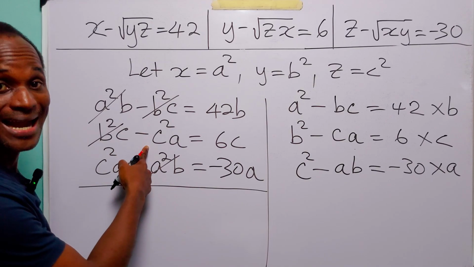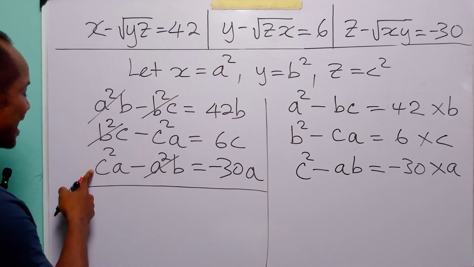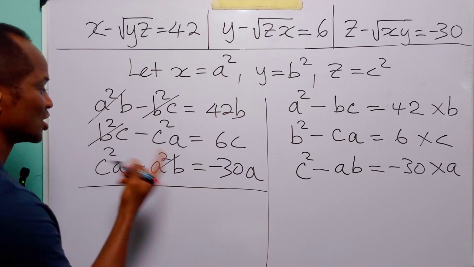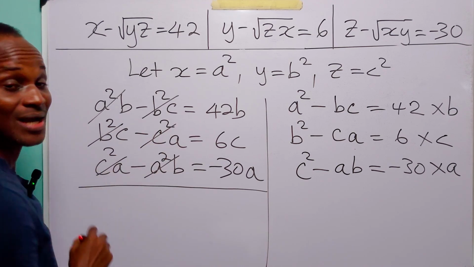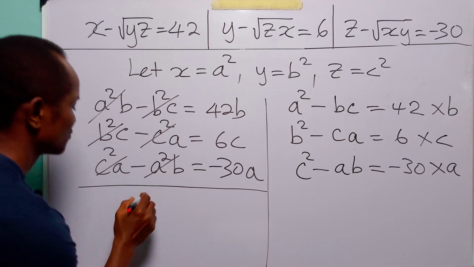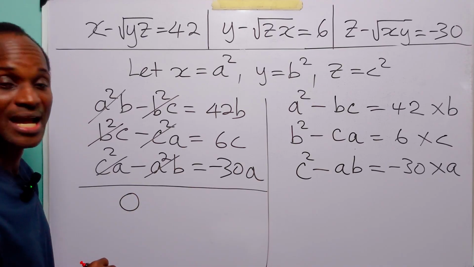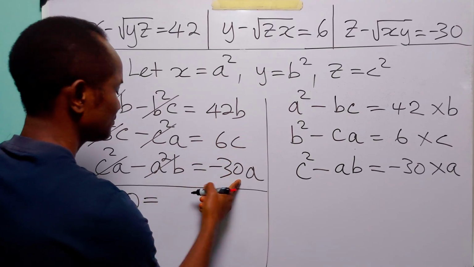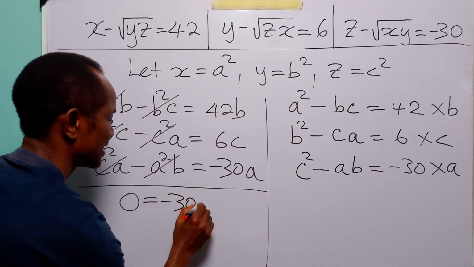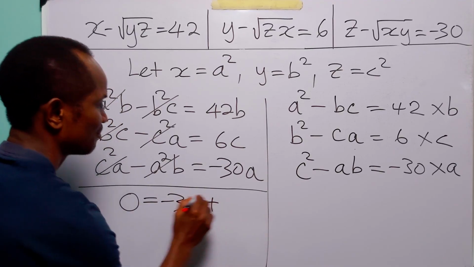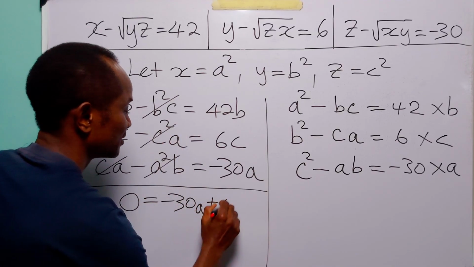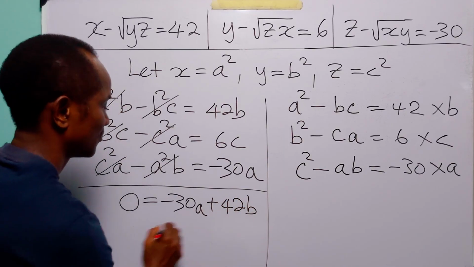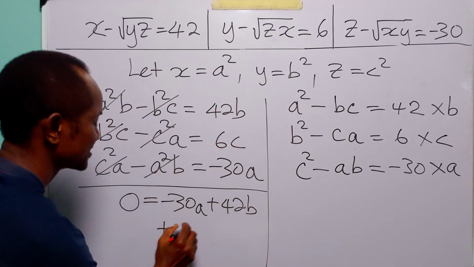And here we have minus c squared a and plus c squared a. So they two are going to cancel themselves, leaving us with 0 on the left-hand side. Then on the right-hand side, we have minus 30a plus 42b plus 6c.